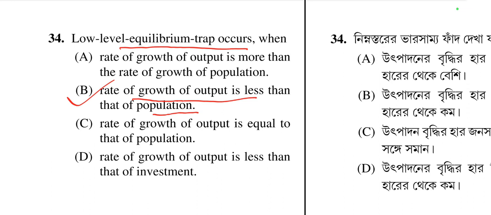In this trap, any gains in output are offset by population increases, leading to stagnant or even declining per capita income. So option B is the right choice here.